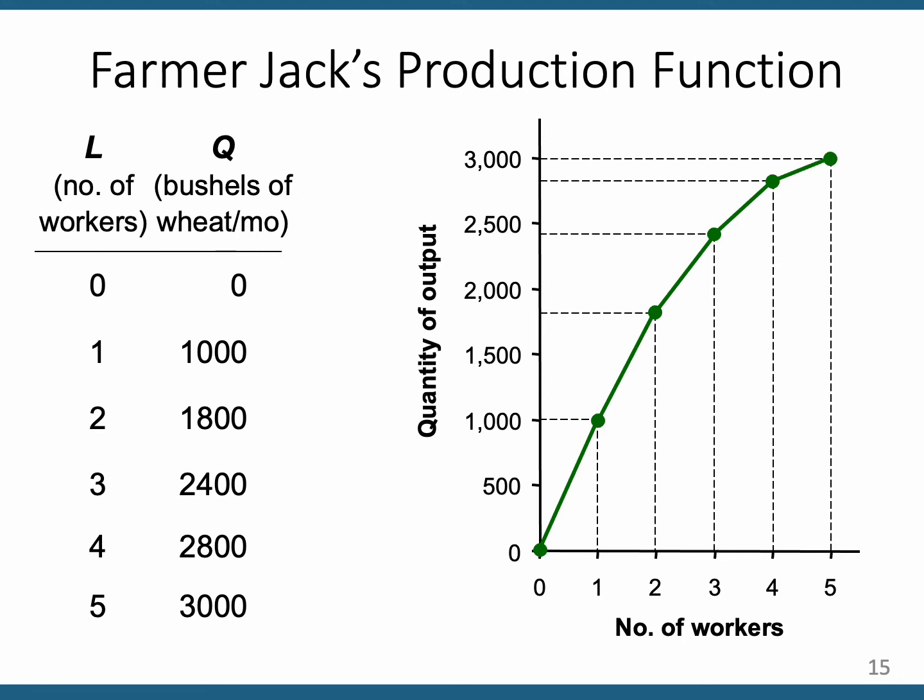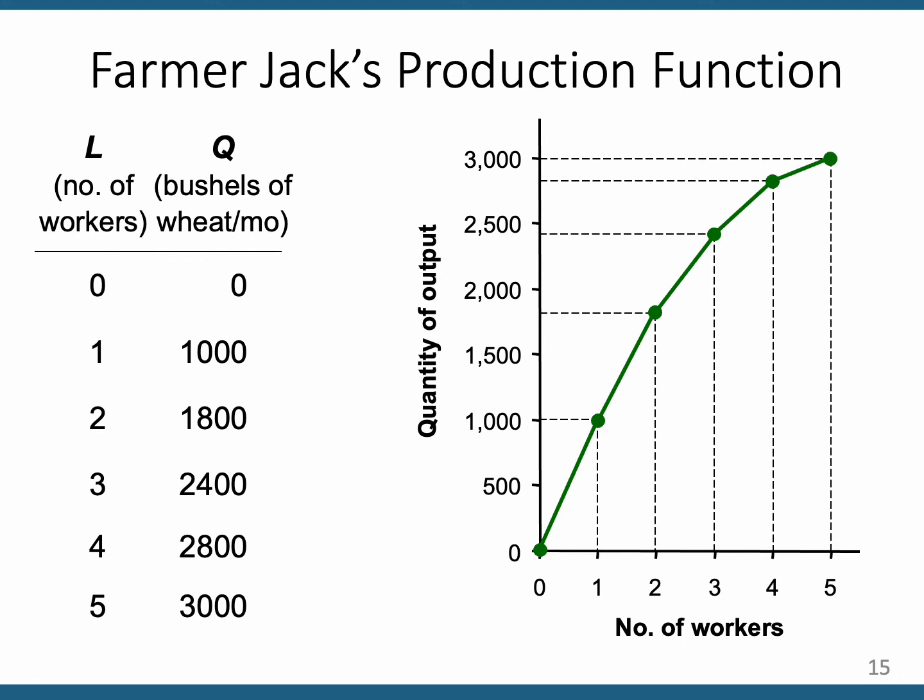And let's say that's happening, and now he's considering hiring a second worker. Okay, now he hires the second worker. Well, this is his production function. And now the farm is producing 1,800 bushels of wheat per month. Okay? And let's say he's doing that for some number of months, and then he's thinking about hiring that third worker. All right, now he hires the third worker, and now the farm is producing 2,400 bushels of wheat per month.